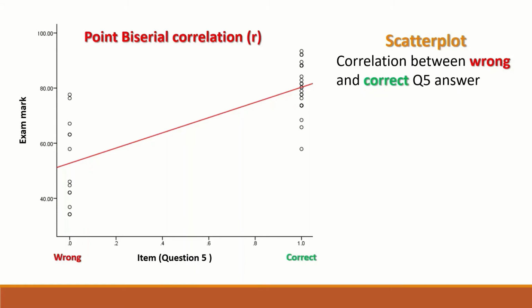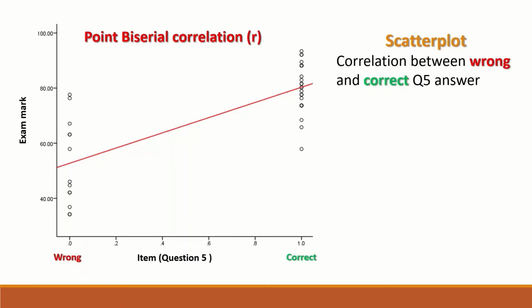As we can see here, most of the students who answered question number 5 correctly tend to have a higher overall exam mark compared to those who answered question number 5 wrongly, who tend to have a lower total score or total mark.